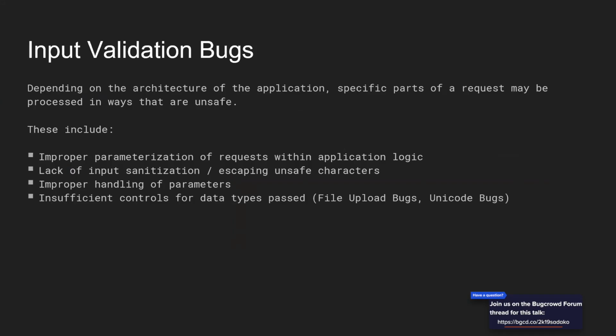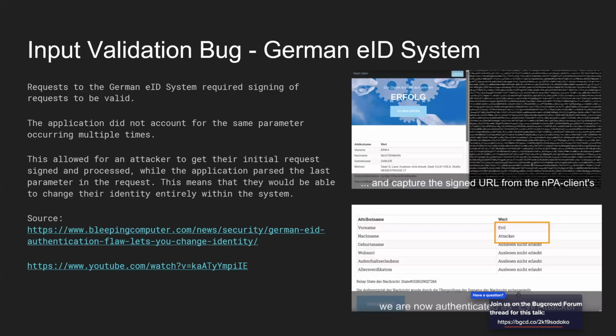Lack of input sanitation and escaping unsafe characters and all sorts of other sanitization techniques, improper handling of parameters, which we'll get to in a second, and insufficient controls for data types passed. So can you pass a PDF or a zip file, or can you pass a bunch of Unicode, and is that properly handled?